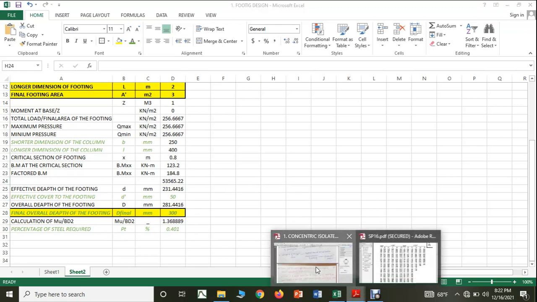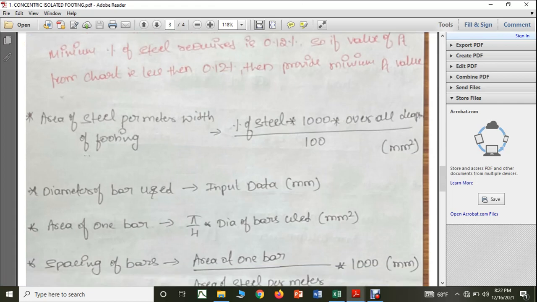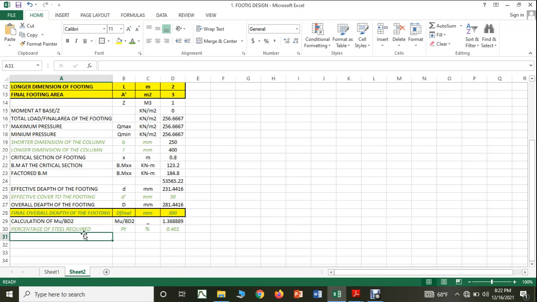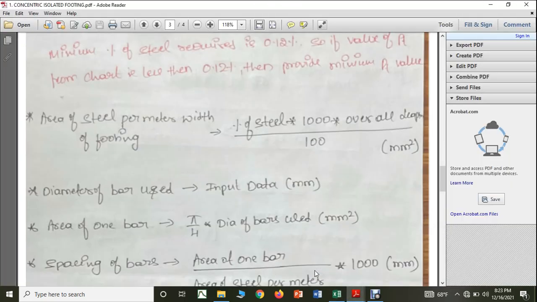Once you get the percentage of steel, you can calculate the area of steel per meter width of the footing. That will be Ast, in mm square. How will you calculate the area of steel per meter?